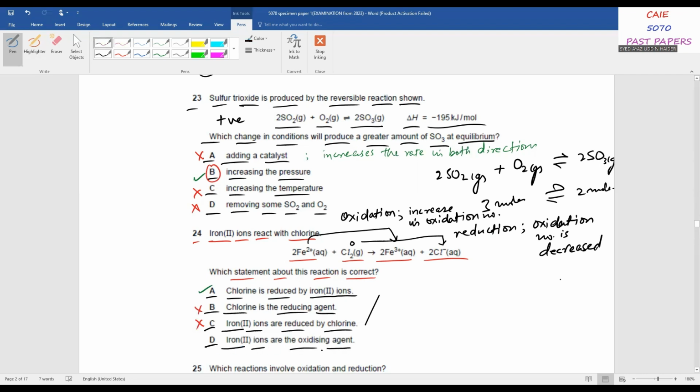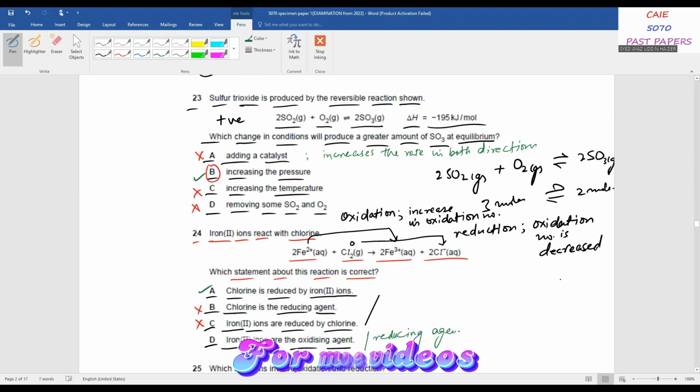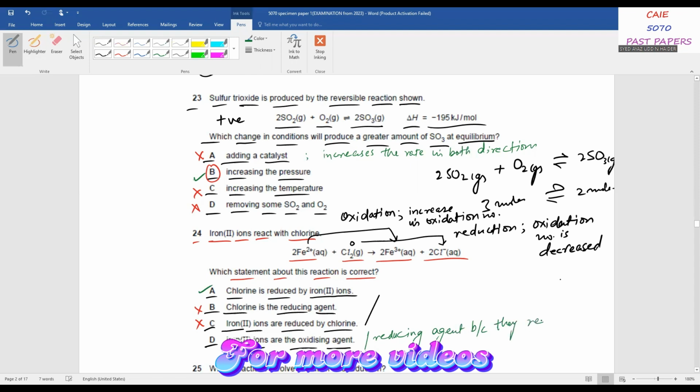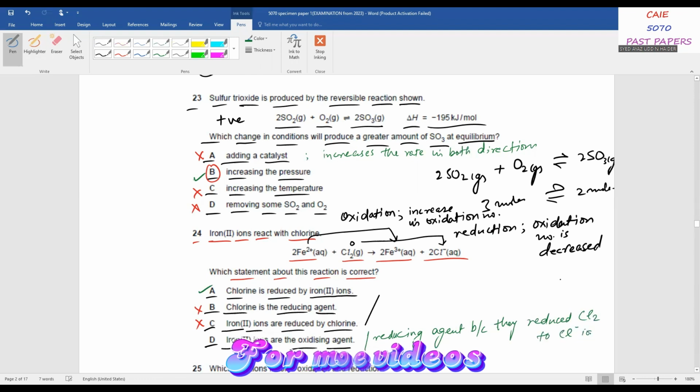They are the reducing agent because they reduce Cl2 to Cl- ions. So the answer A is correct.